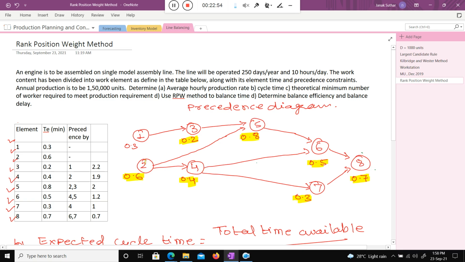So there are actually 3 paths available to go from 2 to 8. Add all the work elements which come during this process and let me know what will be the weight. Are you getting my point, class? 3.3. Okay, good.